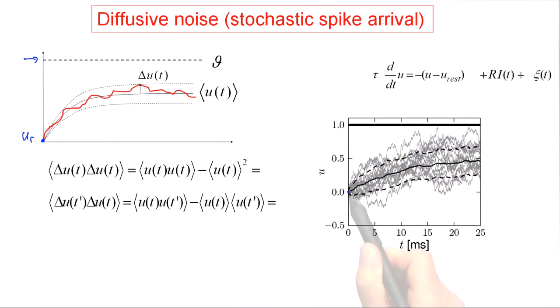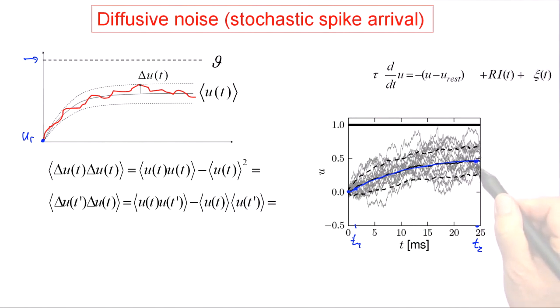Each time we start at the reset value UR, here equal to 0, and then we have many sample trajectories. Now this is the mean trajectory evaluated at different moments in time. And you see that if you look at this moment here, let's call it T1, then the mean is different than at the later moment, say T2 over here.